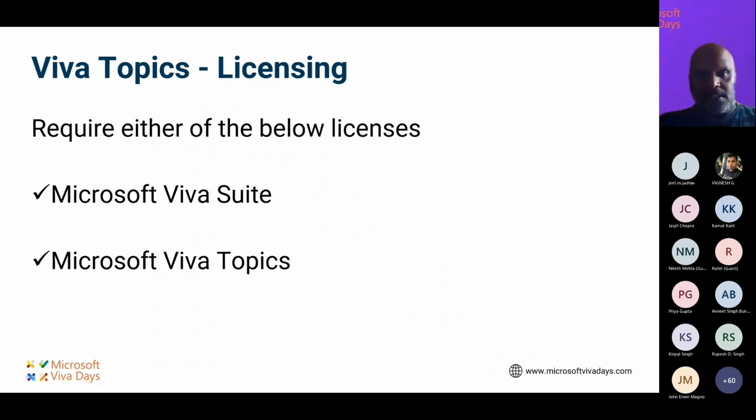But Microsoft Viva Topics is a separate license. If you want to use that particular feature alone, you can purchase that. I think Viva Topics costs $4 per user, and Viva Suite costs $9 per user. So you can take advantage of the Suite license if you want to go ahead.